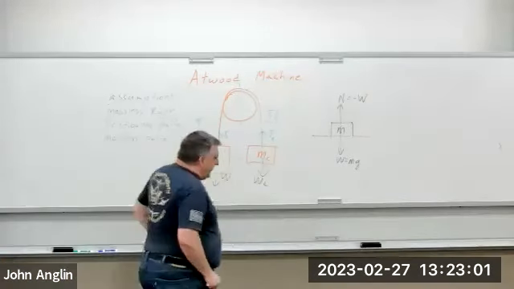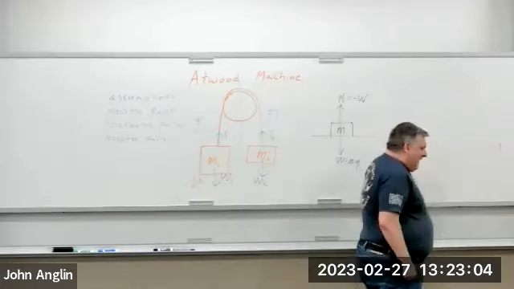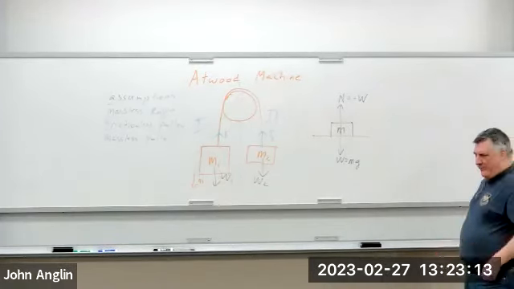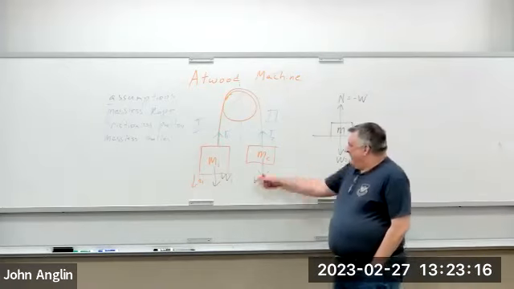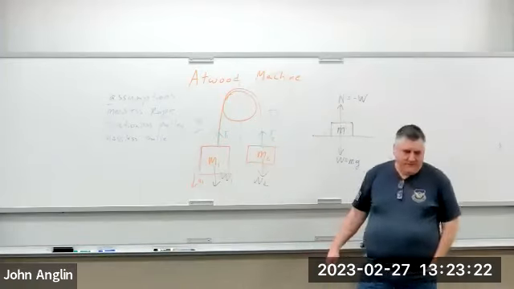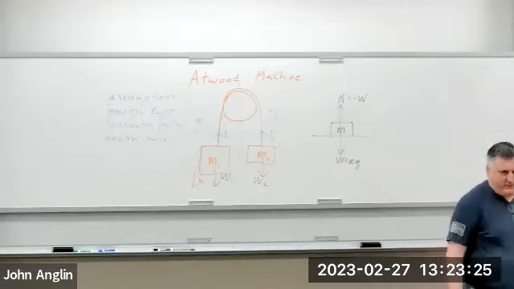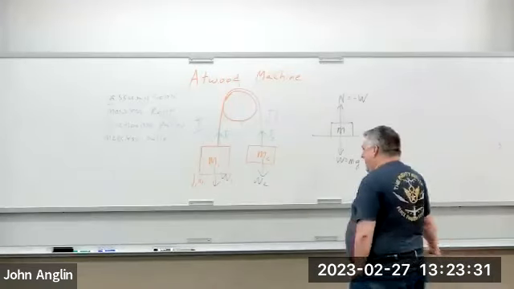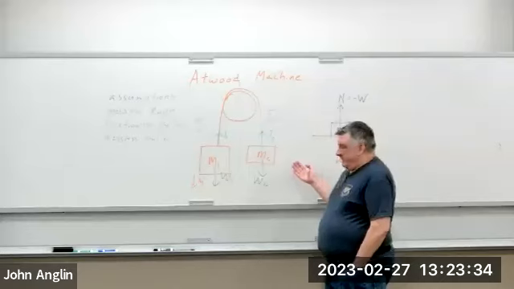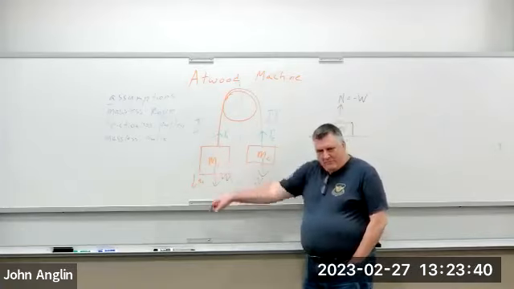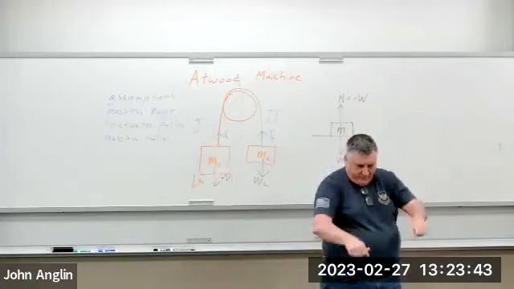Again, you've probably built this and you've seen this. If you go to the gym and you use the weightlifting machines, examine them pretty closely next time. You have an Atwood machine, except you have more than one pulley. In fact, the more pulleys you have, the easier it gets to lift the weight. In a weight machine, on the left side you would be pulling down on, say, your pull down bar.